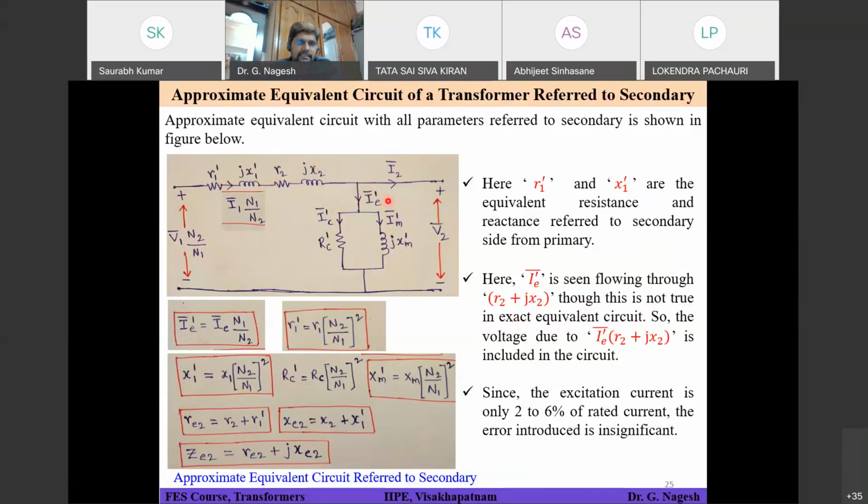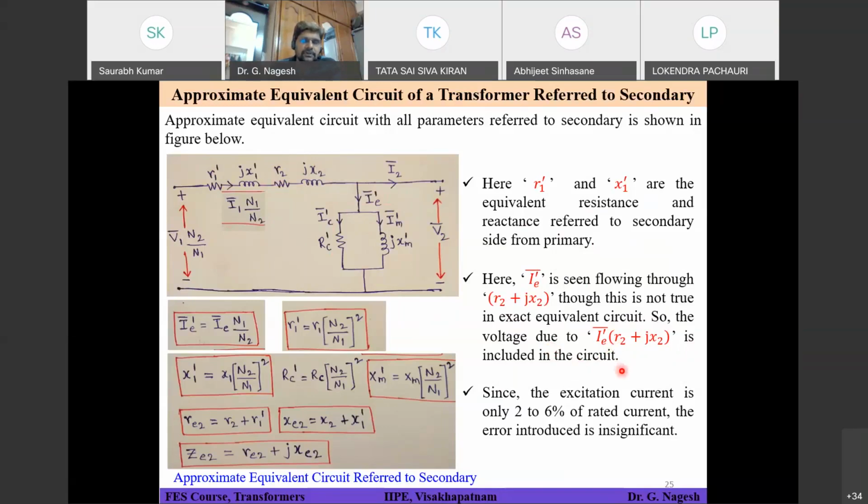Why? In the exact equivalent circuit, this shunt branch will be at the middle of these two. So this is an approximate equivalent circuit where you have moved the shunt branch close to V2. So now this extra current Ie dash is actually flowing in our analysis. Though this is not true in an exact equivalent circuit, the voltage drop due to Ie dash into R2 plus jX2 is included in the circuit.